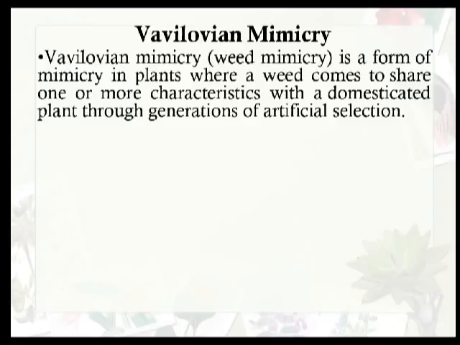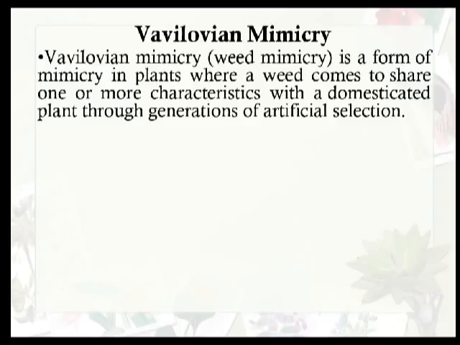So basically what happens is in the process of domestication of a variety, we are weeding out the undesirable characteristics. But slowly and gradually, the weed also starts to develop those characters similar to the actual crop, the main crop, for which the characters for which it is being weeded out.